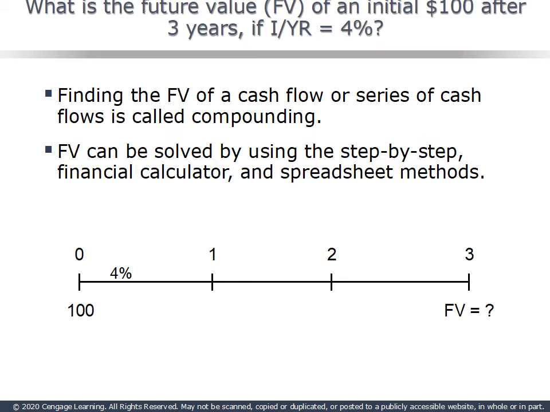We want to know through the action of compounding what our $100 has grown to become. So we will be earning interest not only on our initial $100 deposit, but we'll also be earning interest on any interest that we've previously earned.